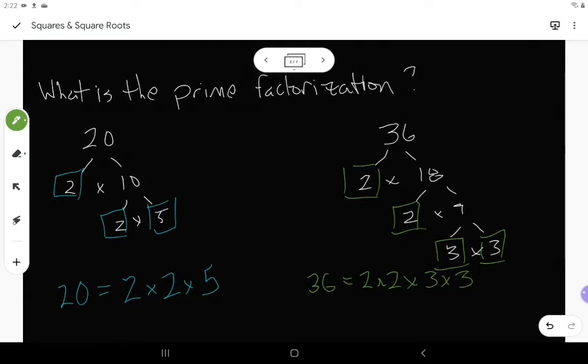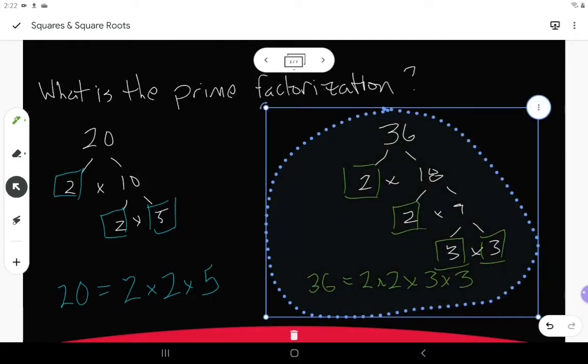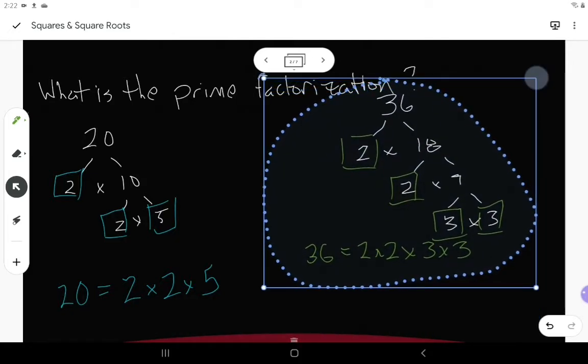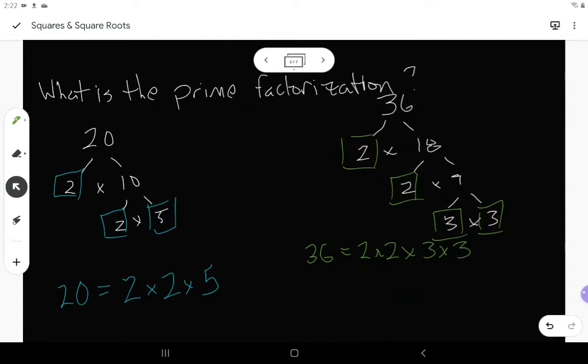Now this prime factorization is actually kind of handy, because what this prime factorization allows us to do is find perfect squares. So when I look at this prime factorization for 20, I have 2 2's and I have a 5. And the goal after I've done my prime factorization is, can I create two equal groups of the prime factors?